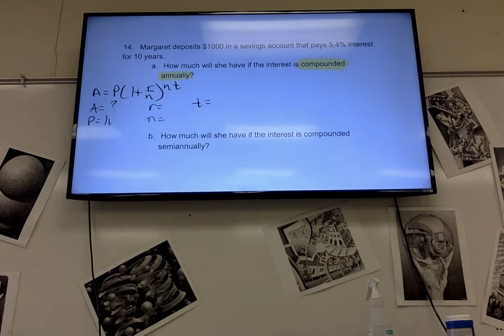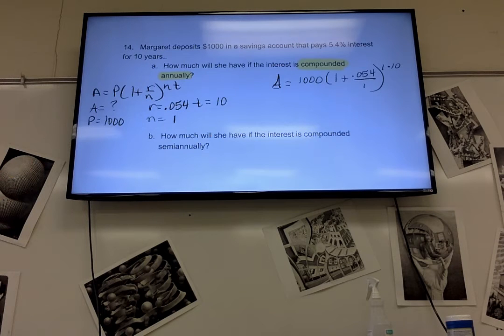P is $1,000. The rate is 5.4%, so it's 0.054 if you divide it by 100. It's 10 years and it's compounded annually, so N is 1. Annually means once a year. So A equals 1,000 times 1 plus 0.054 over 1 raised to the 1 times T, which is 10.